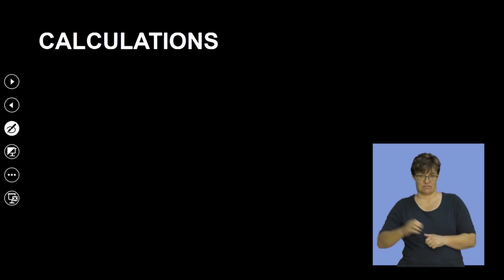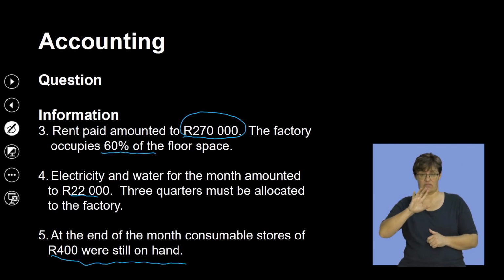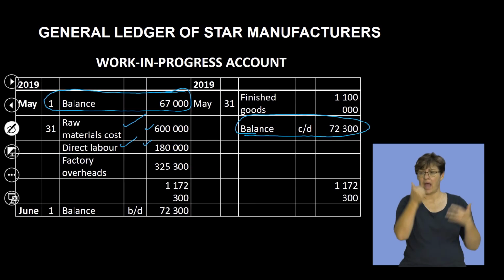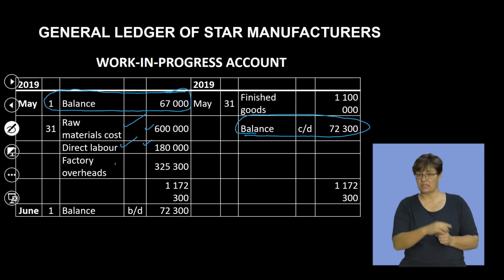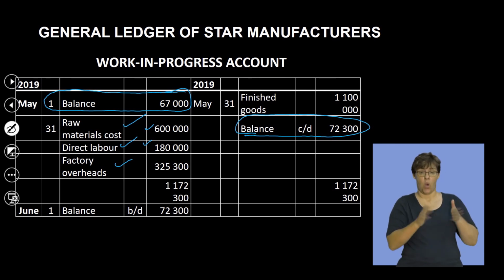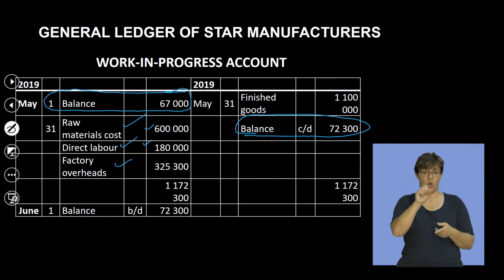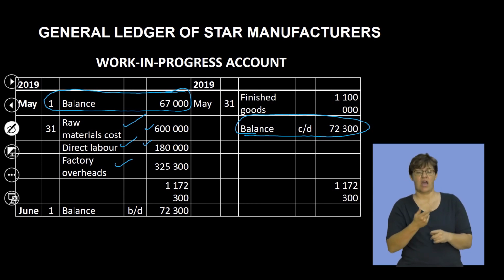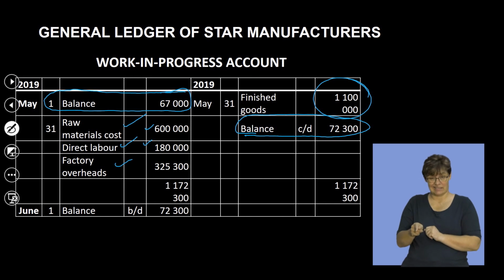Right, now, coming back to my information regarding my accounts. Remember what I said? I bring in my factory overheads, right? So I've got my opening balance, raw material cost, direct labor, factory overhead cost. I've got my closing balance. My finished goods is my missing figure, or the balancing figure.